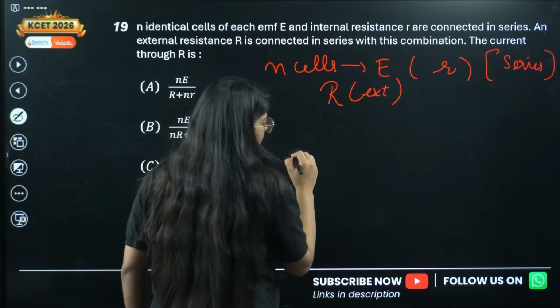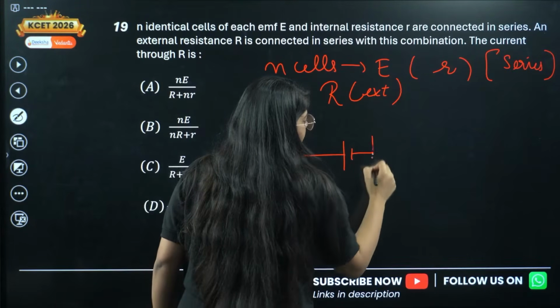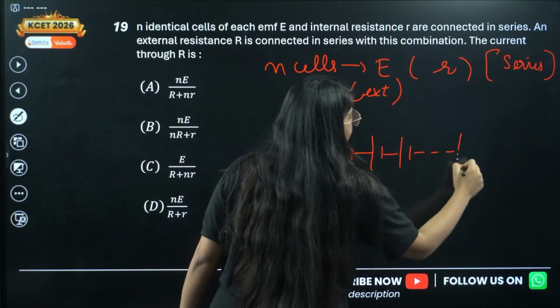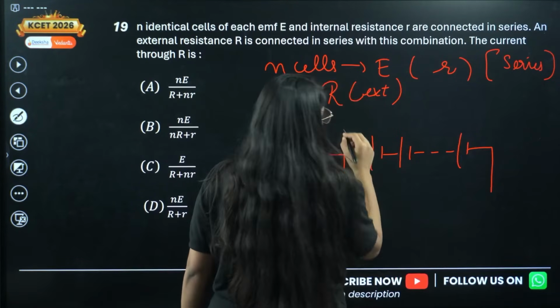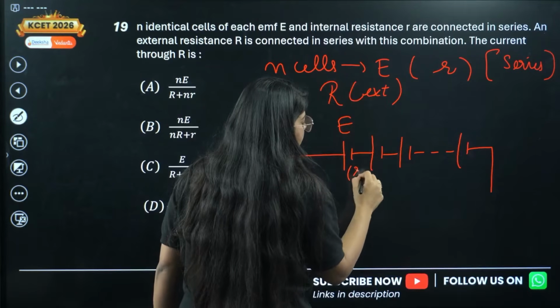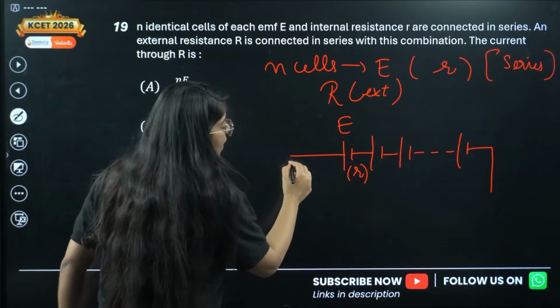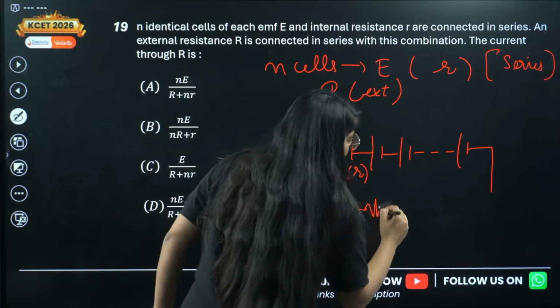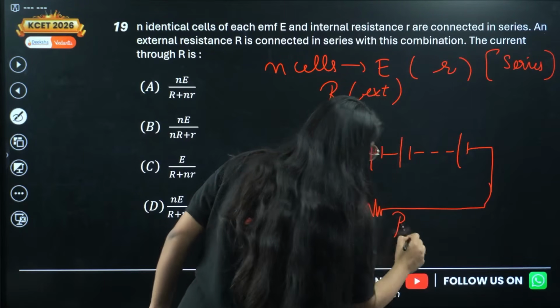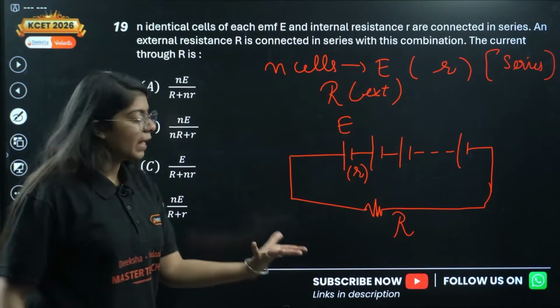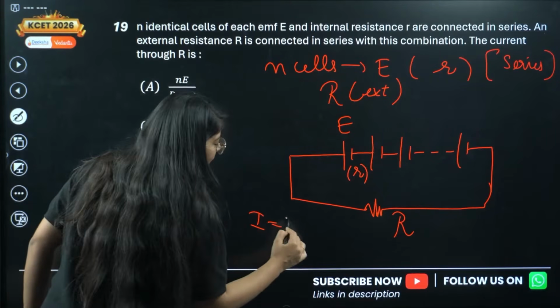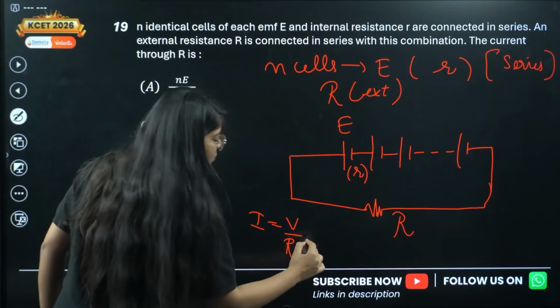So, let us draw, if this is, let us say, n number of cells, and each has EMF E and an internal resistance R. Now, they are connected with an external resistance R. So, we need to find the current. Current will be V by R, this much we know.